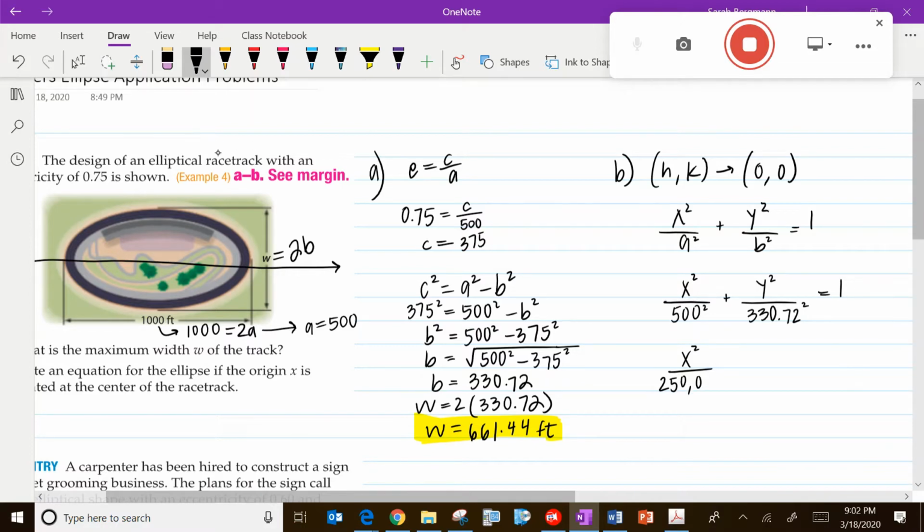You get 250,000 for one denominator, and for the other you get 109,375, and it's equal to 1. That equation represents this ellipse.